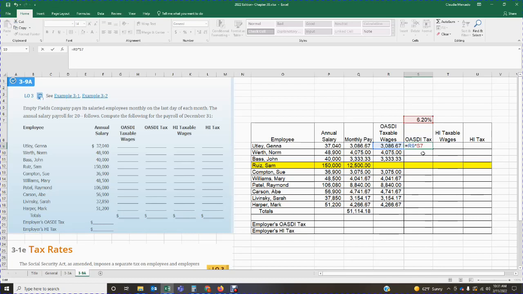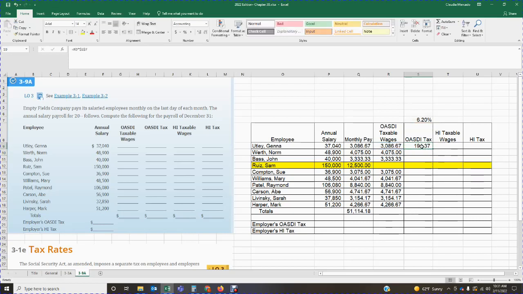I click F4 on the keyboard, and it puts a dollar sign in front of the S and in front of the 7. So your formula should read R9, which is the taxable wages, times $S$7. S7 is your rate. The reason I do that is when I copy my formulas, they all go back to that 6.2%. If not, you're going to get some kind of an error message.